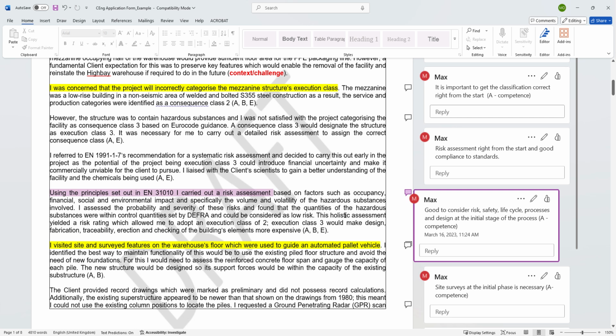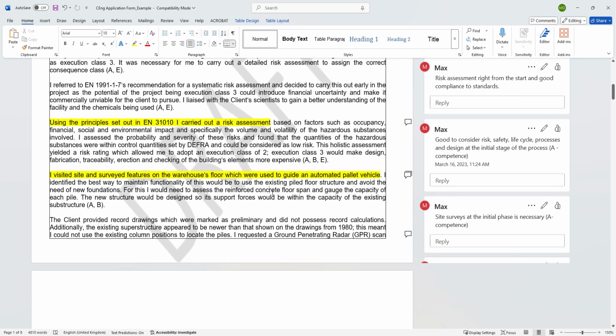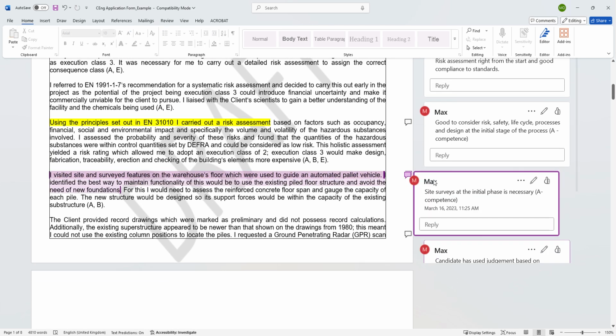So this is under the A competence of the UK-SPEC. For this comment, we are saying that site surveys at the initial phase is necessary. So obviously the candidate had to perform surveys to know what the site was like and what was to be considered.